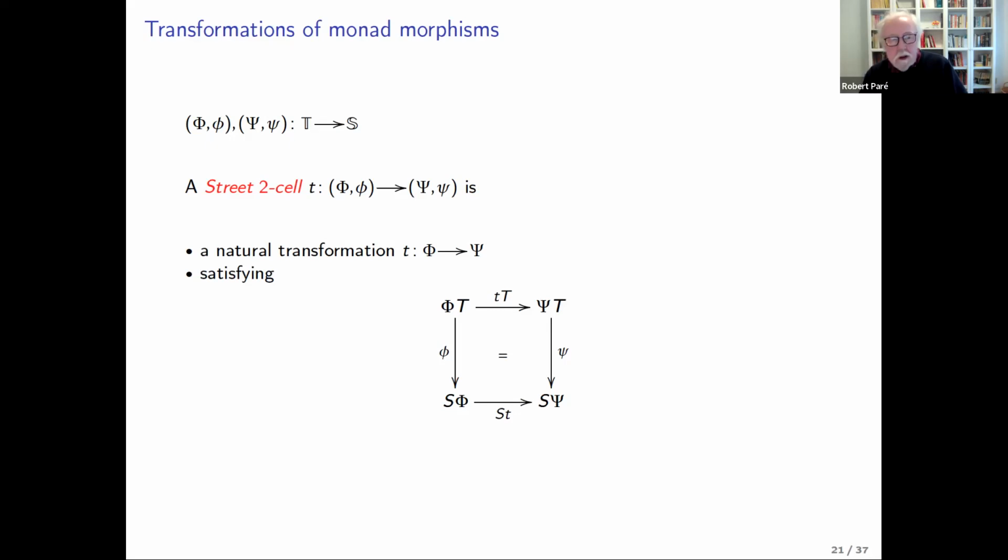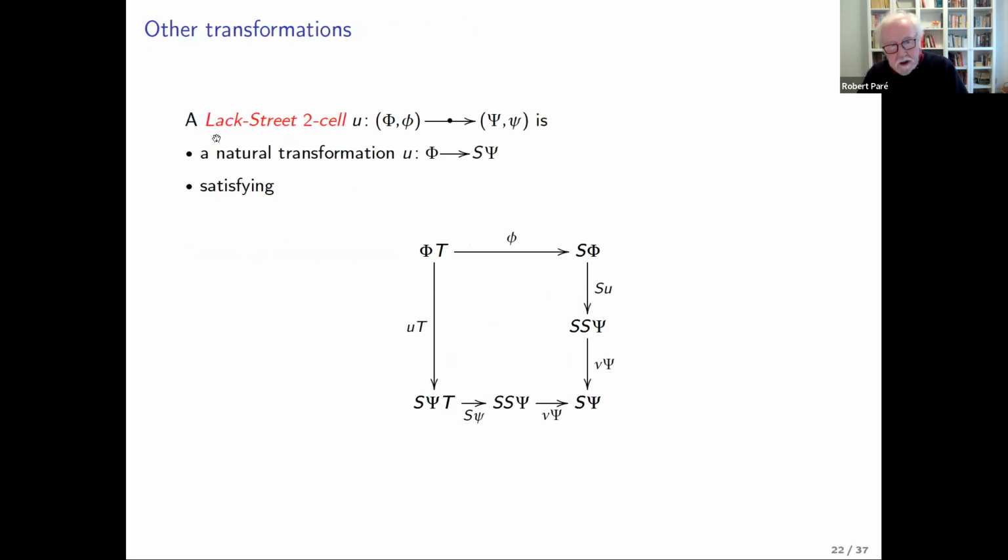I call these, let's say, Lack Street two cells. So a Lack Street two cell is not anymore something from phi to psi, but from phi to S of psi. So it's a kind of Kleisli kind of morphism, and it satisfies this condition here.